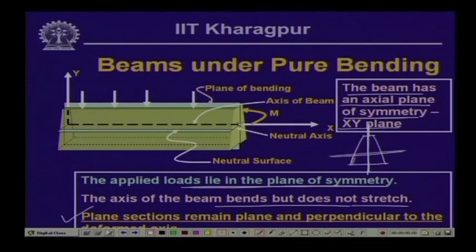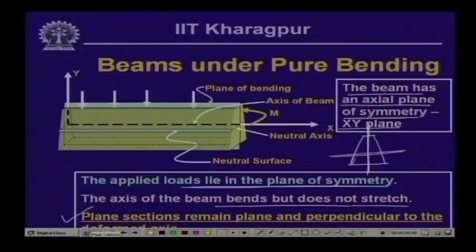That means, when the beam is subjected to loads, it undergoes bending. The axis of the beam undergoes bending, it does not stretch, and any cross section we take at any location of the beam remains plane, it does not deform, and it becomes perpendicular to the deformed axis, and this is the main assumption while deriving the flexural equation.